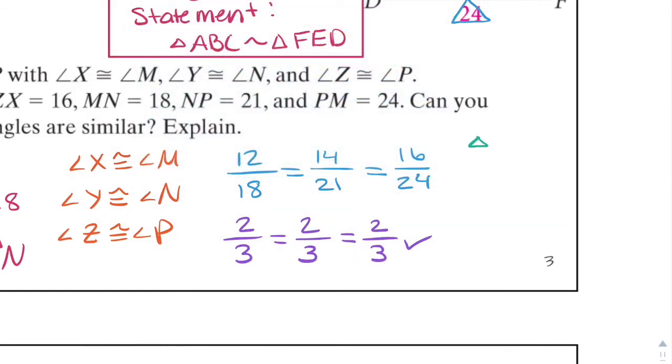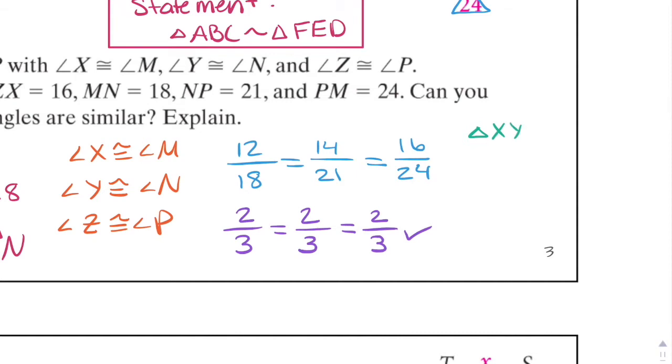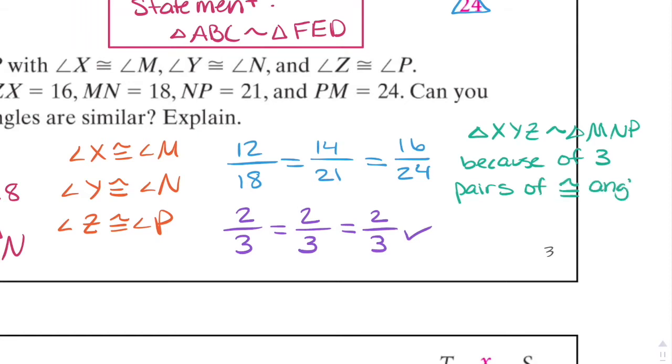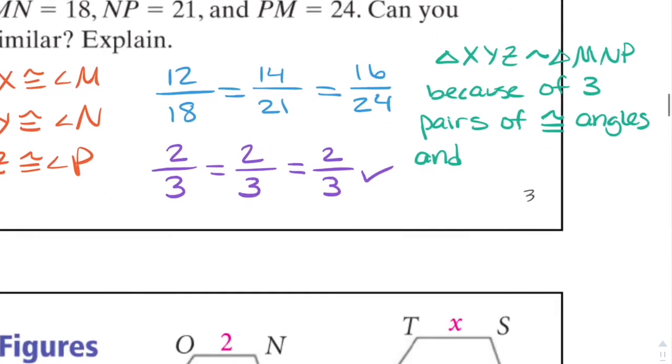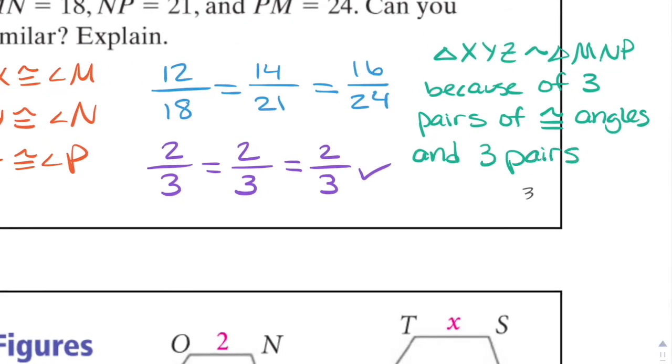So triangle XYZ is similar to triangle MNP because of 3 pairs of congruent angles and 3 pairs of consecutive proportional sides.